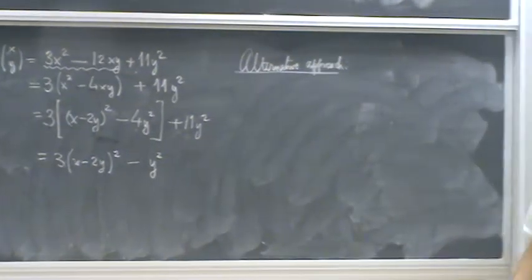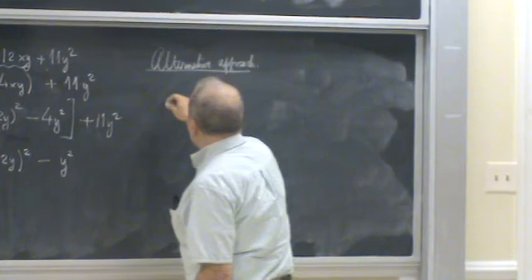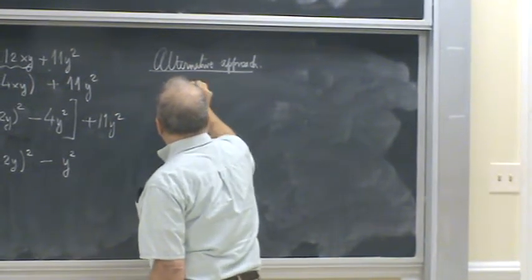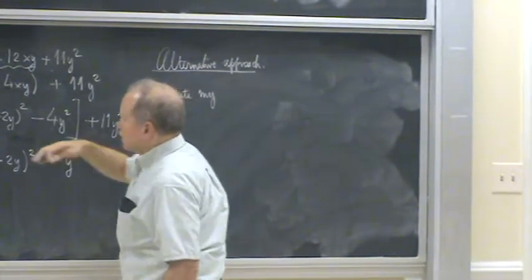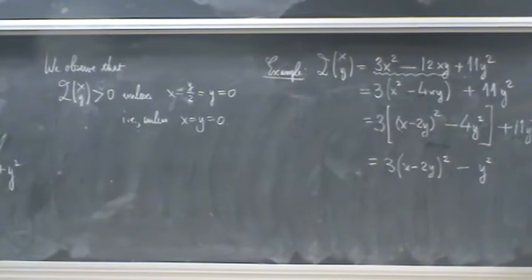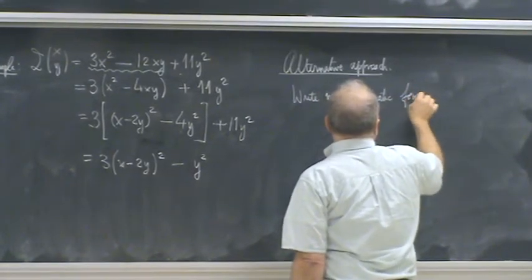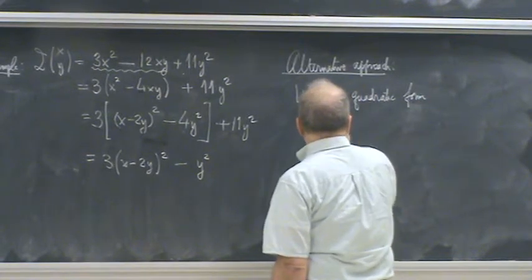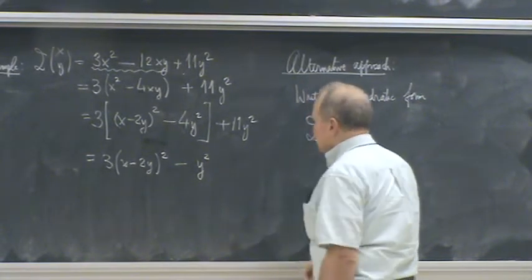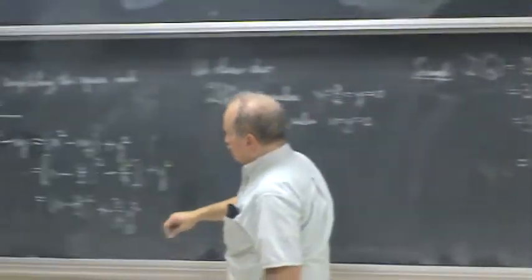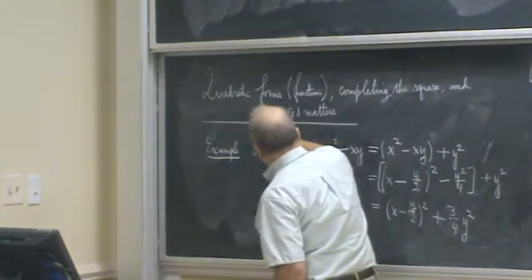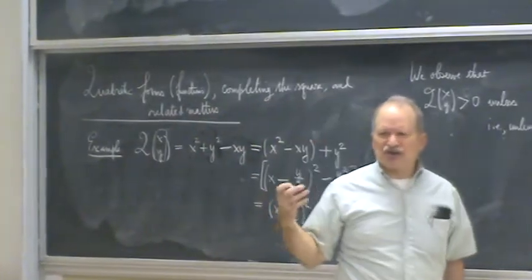symmetric matrices. I want to write my quadratic form, so that's this quadratic function, in vector notation at the moment, script q of a vector x. So this is my vector x. How can I do linear algebra when there's squares?